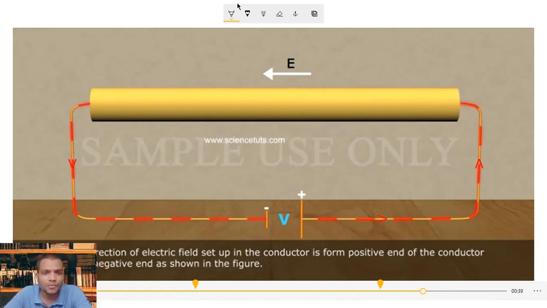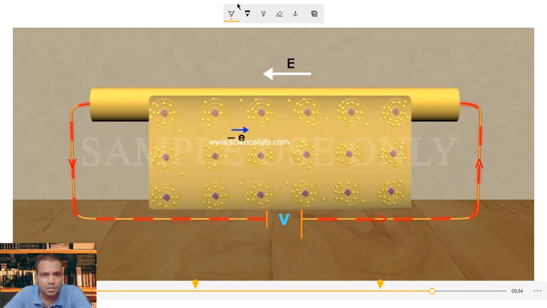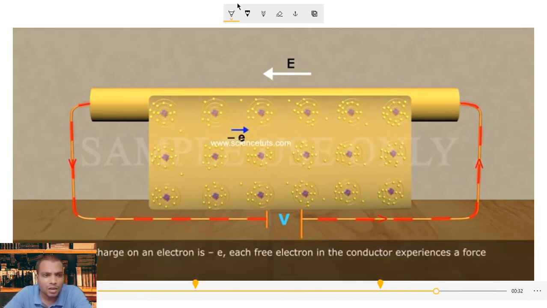The external electric field is set up in the conductor from positive to negative. So now the electrons start to move. The electrons start to move opposite to the direction of the electric field. Why are they moving? Because they are experiencing a certain force.